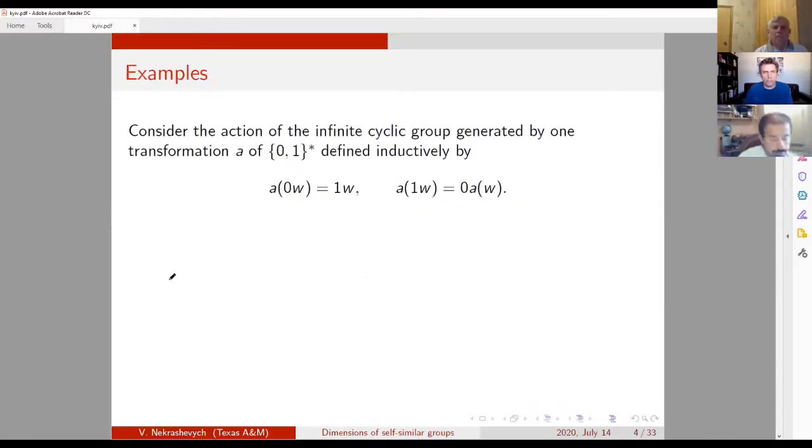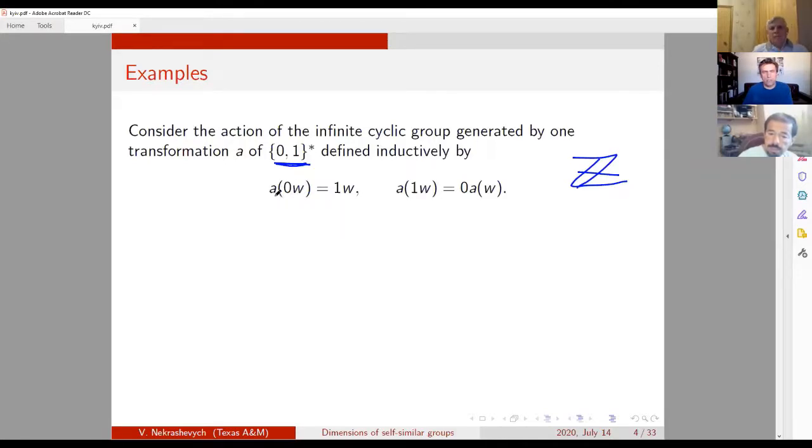So here is an example of an action of the infinite cyclic group Z, generated by one transformation A of words in the alphabet of two letters, 0 and 1. When you want to define an action of a cyclic group, you have to define just the action of the generator. So we define it like this. A of 0W is 1W.